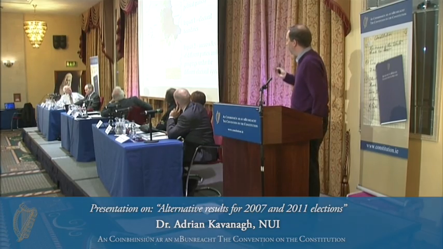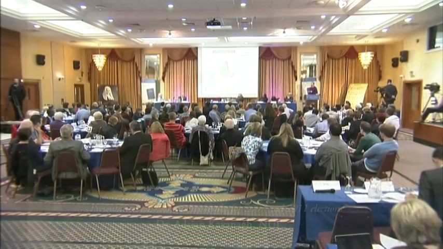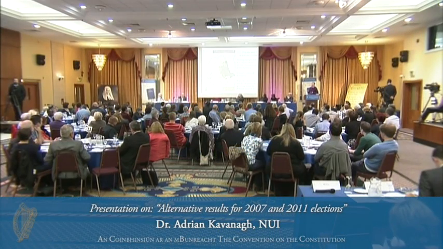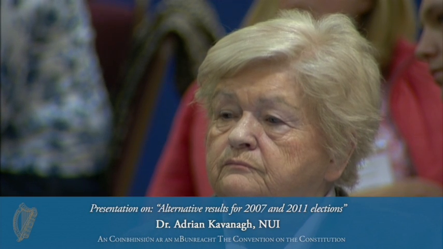Now, I'm a geographer, and I would argue that geography has a big role to play when it comes to Irish voting patterns. If you look at voting patterns in Irish elections, there's a very strong geographical basis to it. This applies to the voting patterns for individual candidates, but also to political parties, because a political party's voting pattern is effectively the sum of voting patterns for maybe 2 or 3 candidates, if they're running 2 or 3.